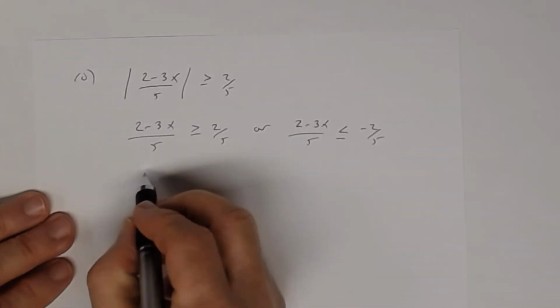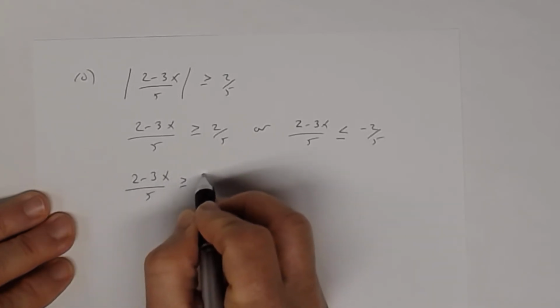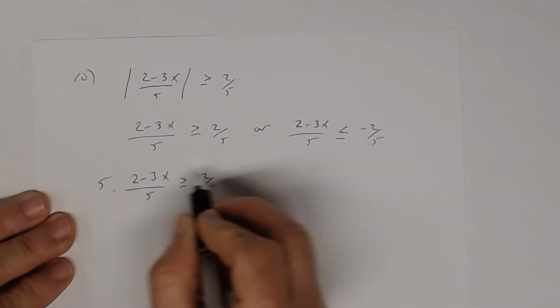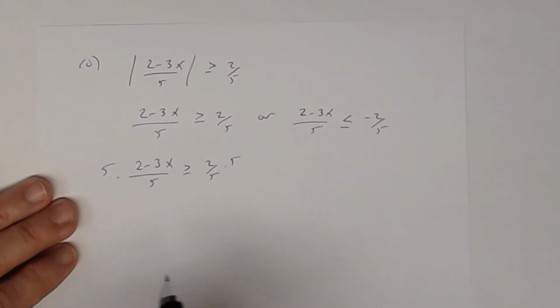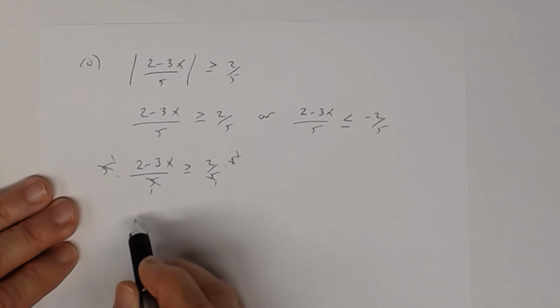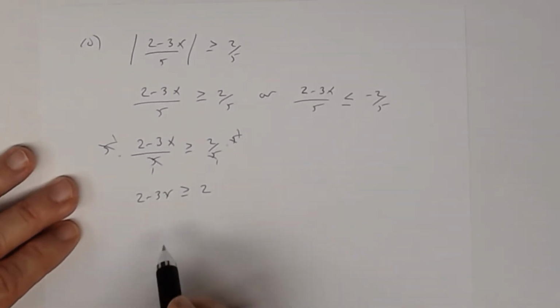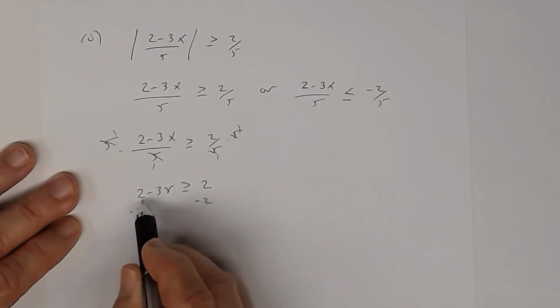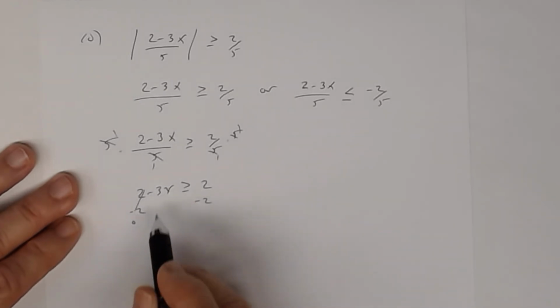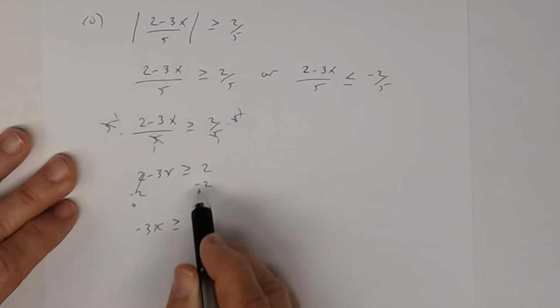So I'm going to multiply both sides by 5 to clear the fractions. So I'm going to rewrite this over. So 5's divide out, 5's divide out, and I have 2 minus 3x is greater than or equal to 2. Subtracting 2 from both sides, 2 minus 2 is 0.